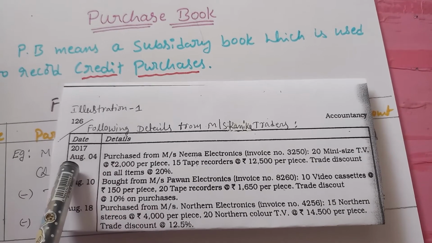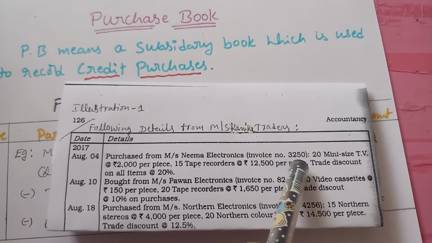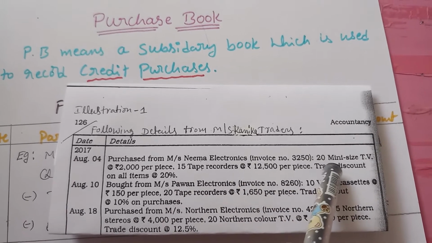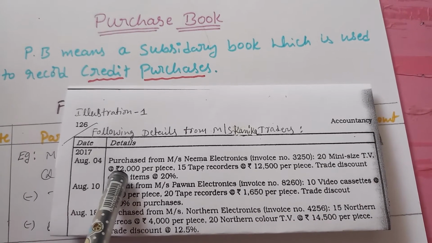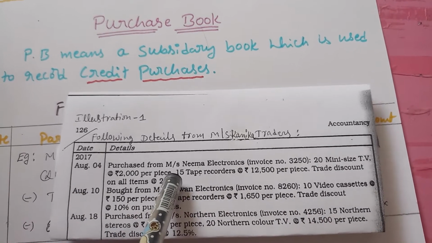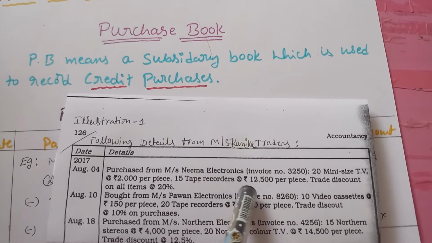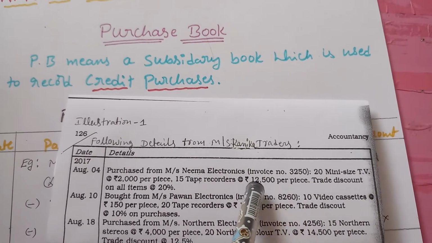August 2017, August 4, they purchased from Nima Electronics. Invoice number 3250. 20 mini size TVs at 2000 rupees per piece. 15 tape recorders at 12,500 per tape recorder.